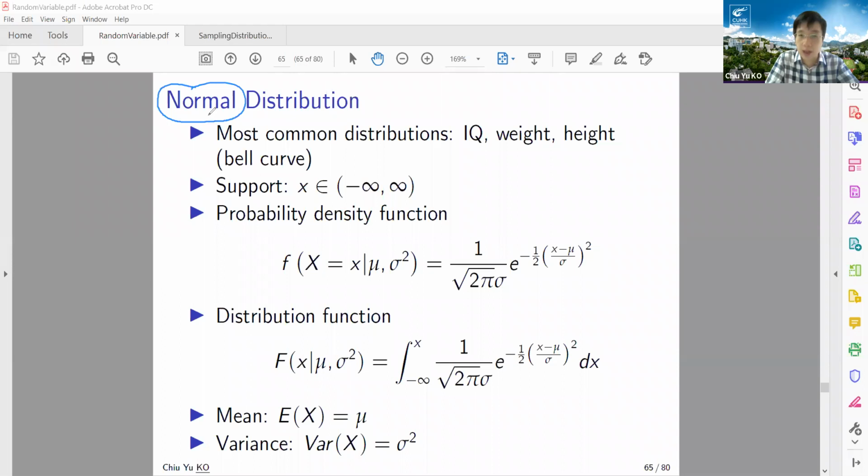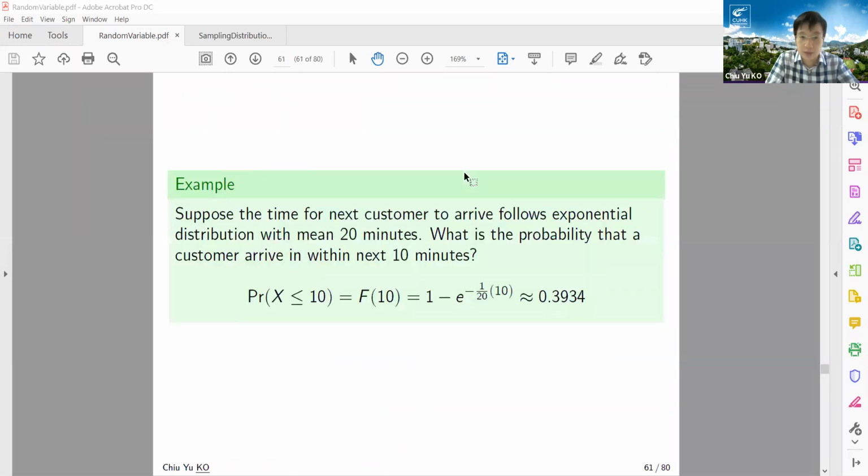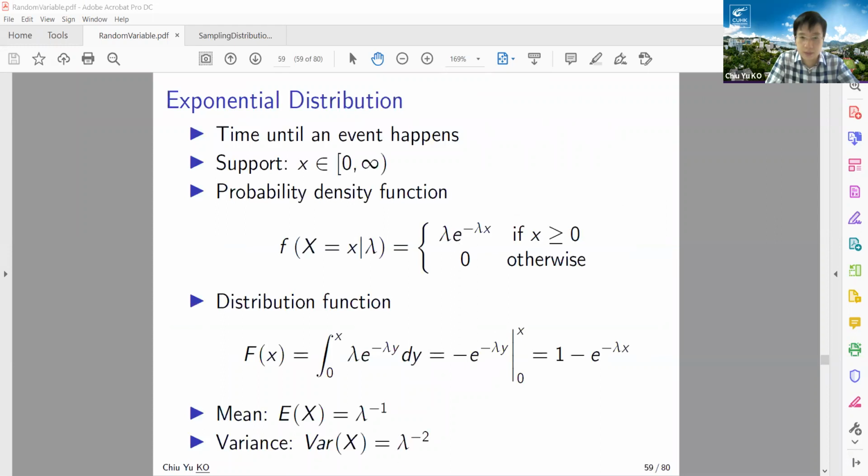Okay, sorry, I'll go back a little bit because someone asked me a question about the meaning of lambda. Is it the question? Oh, someone asked me what is the meaning of this.